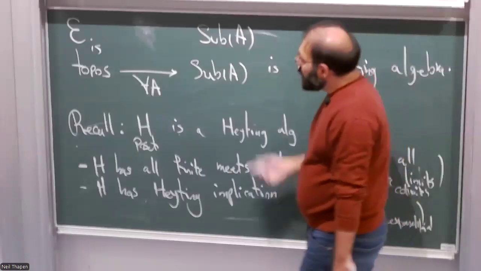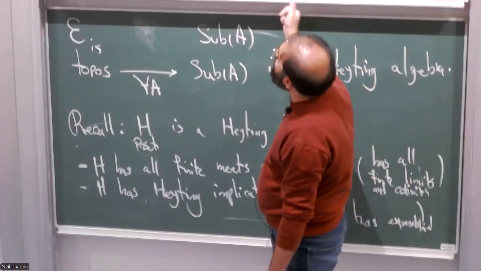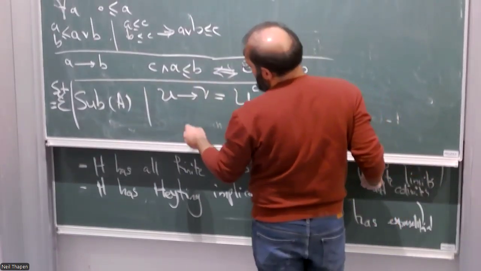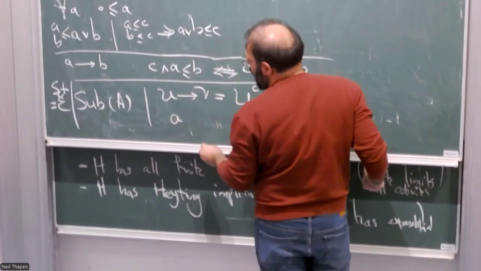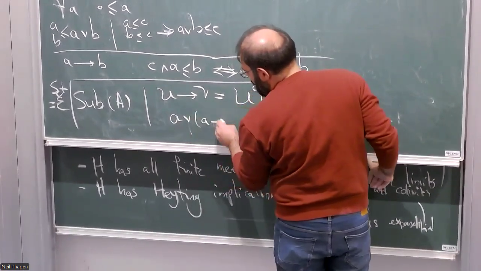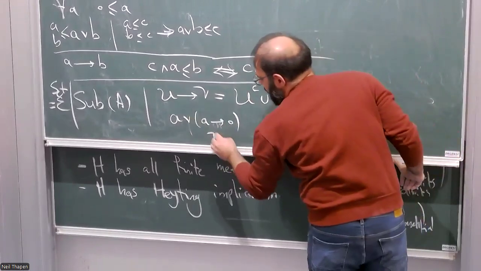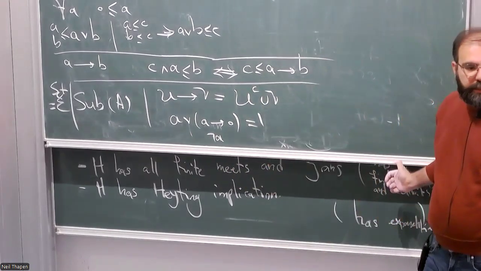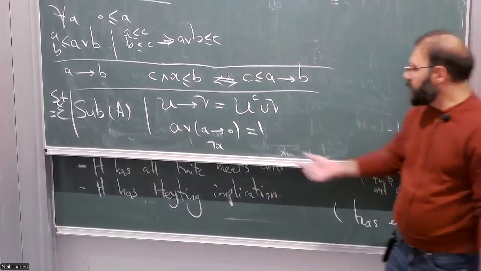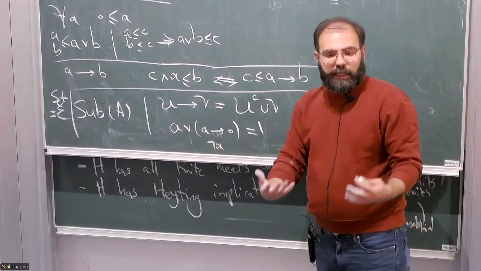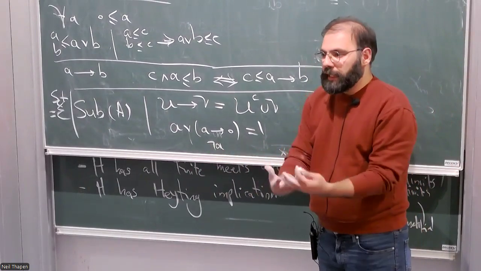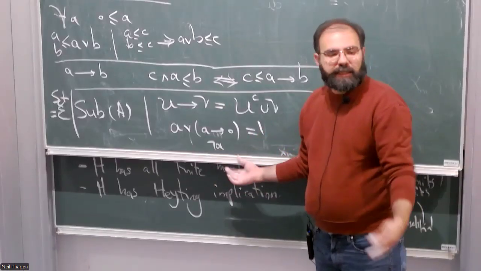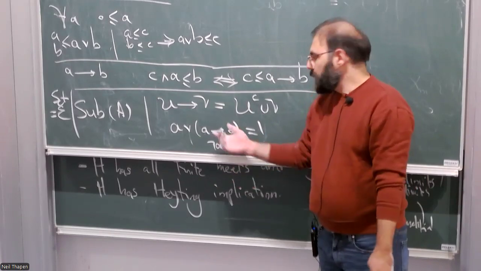The problem, though, is that this is a Heyting algebra, not a Boolean algebra. A Boolean algebra is a Heyting algebra where A or A implies 0, which is the negation of A, is 1. Sometimes people write it this way. So either A or the complement, which is the negation of A, and both together complete the whole set. If you have this property, it's Boolean, it's like the classical world.